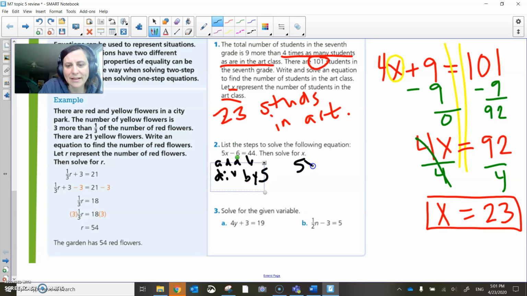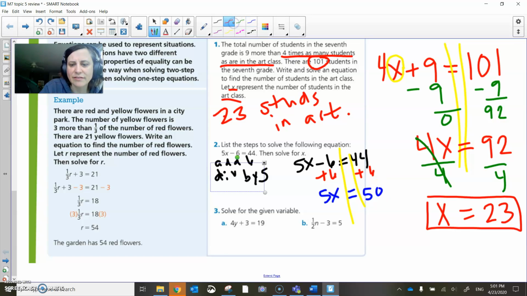So 5x minus 6 equals 44. I'm going to start off by adding 6 to both sides. And that leaves us with 5x equals 50. And then we're going to divide both sides by 5, which means x is going to be 10.